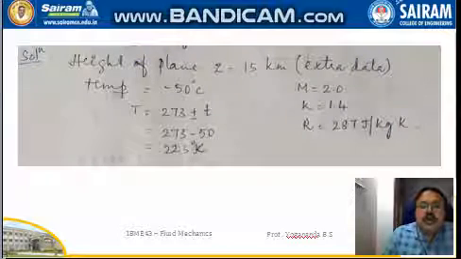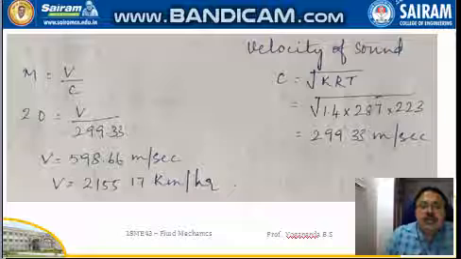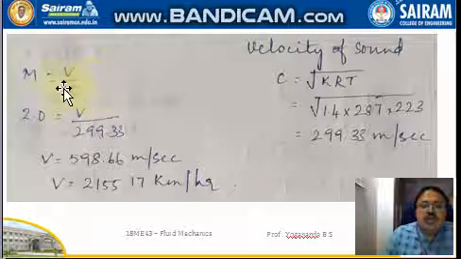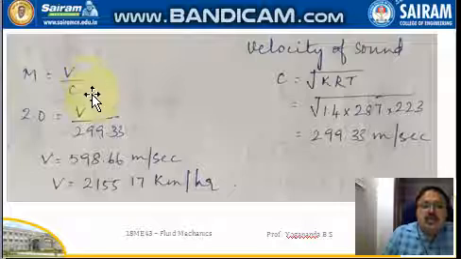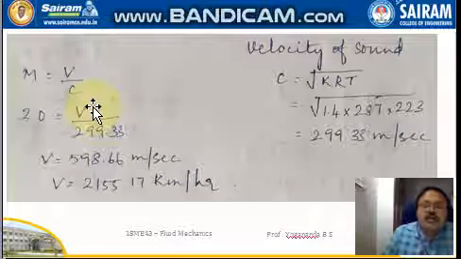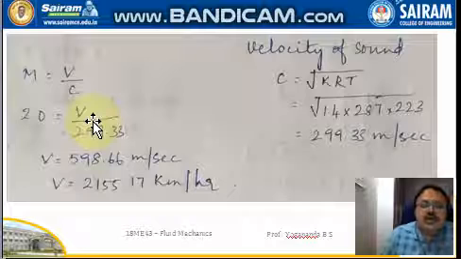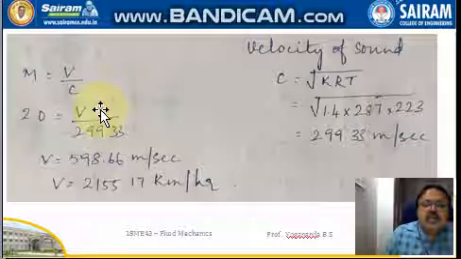To calculate the speed of the plane, we need the Mach number equation, that is M is equal to V by C, where V is the velocity of the object and C is the velocity of the sound wave. Here the object given is the plane, so its velocity is to be found out.